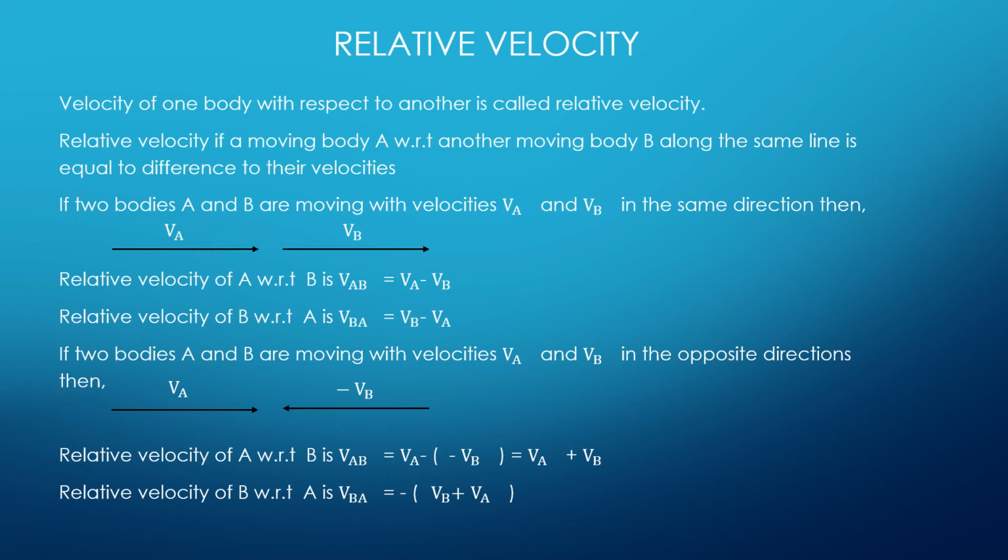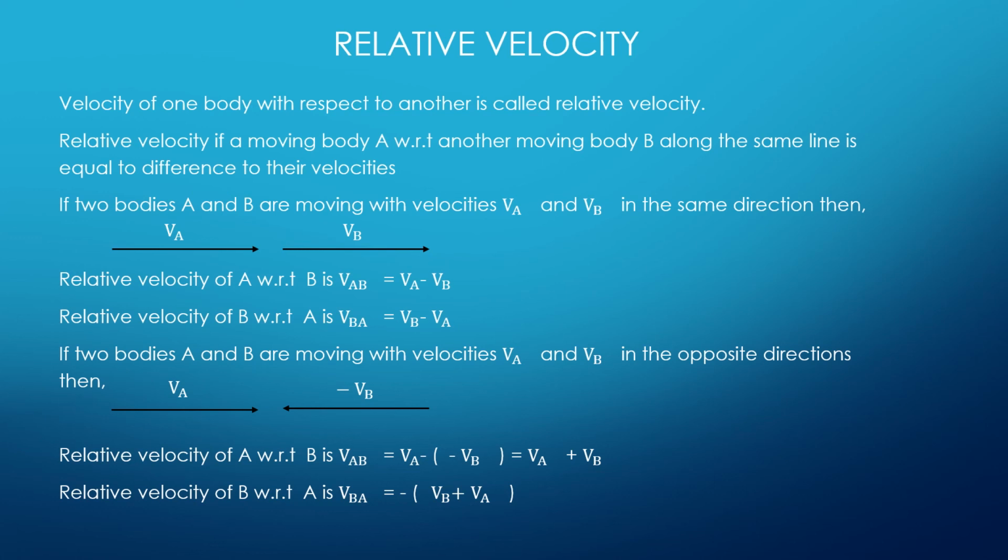Let us understand, if two bodies A and B are moving with a velocity VA and VB in the same direction, then the relative velocity of A with respect to B, VAB, can be given as VAB is equal to VA minus VB. Next, the relative velocity of B with respect to A is given as VBA is equal to VB minus VA.